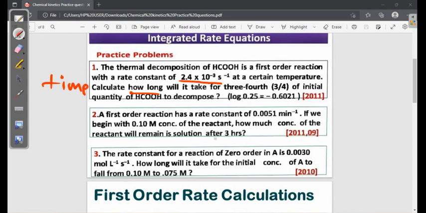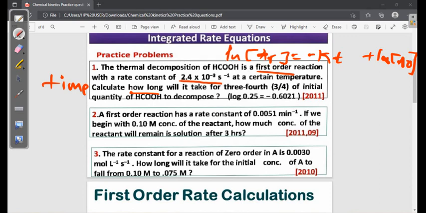So we're trying to break down the question, and they've told us first order. So the first thing that comes to mind is the equation: natural log of the final is equal to negative slope times time, plus the natural log of the initial. With time, these equations are just going to be at your fingertips. And then what else are they saying? How long will it take?